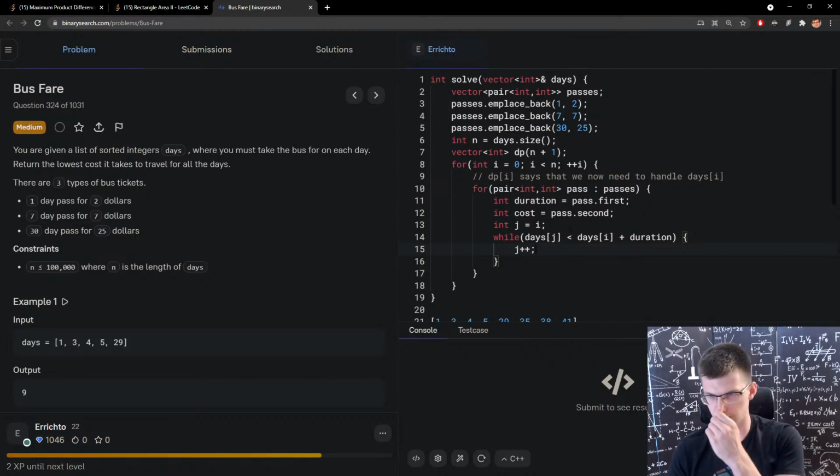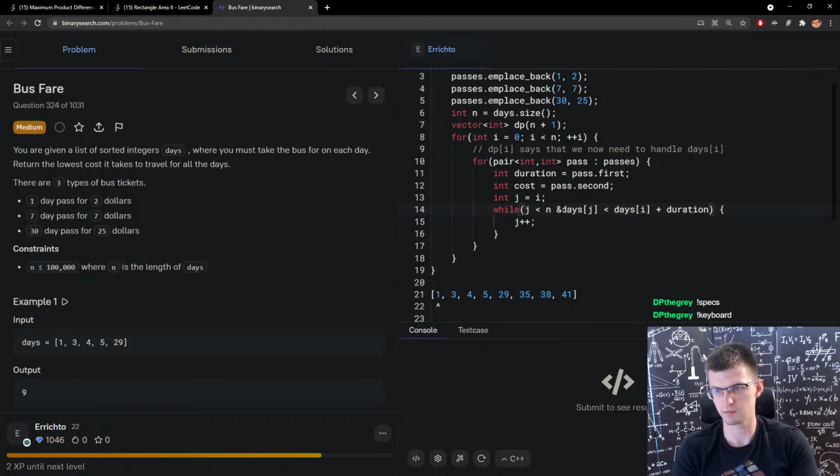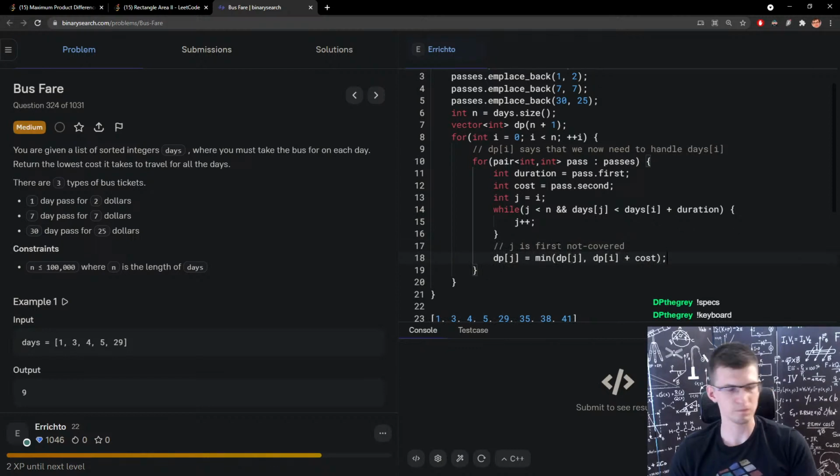It will say what's the next element in this sequence that I need to care about because it's not yet covered by the passes so far. And this is to not go out of the array. Now, j is the first not covered.